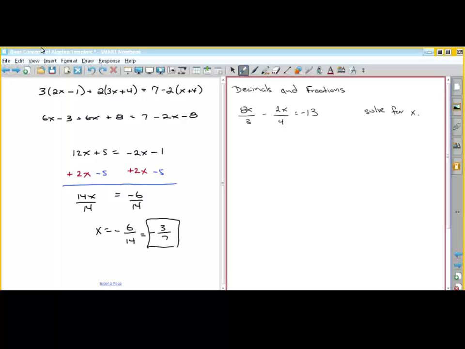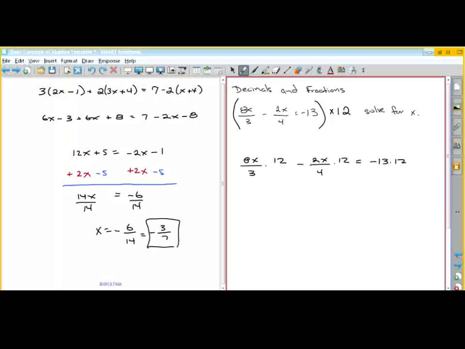So instead of dealing with fractions, we're going to get rid of fractions immediately, and then we're just going to deal with whole numbers. So if we take this entire expression and multiply everything by 12, the equality will remain the same. So you'll have 8x over 3 times 12 minus 2x over 4 times 12 is equal to negative 13 times 12.